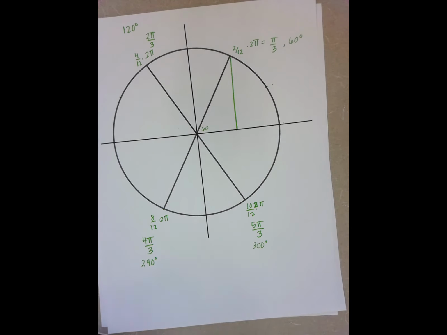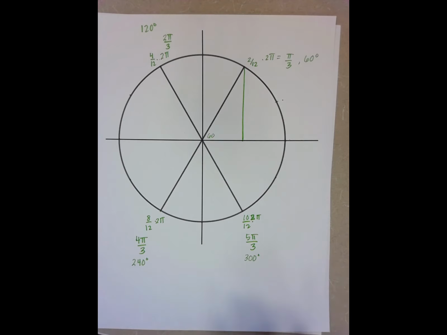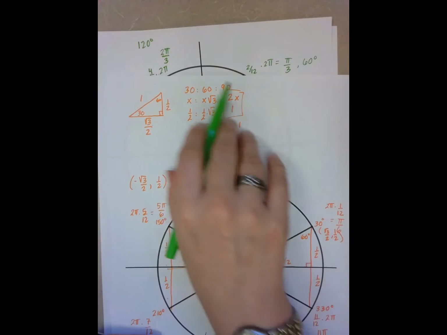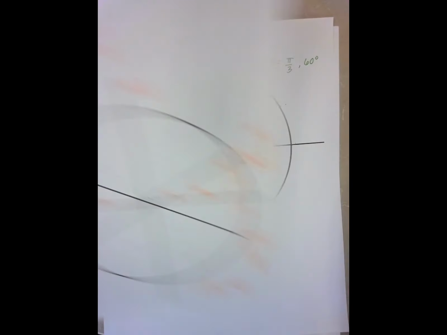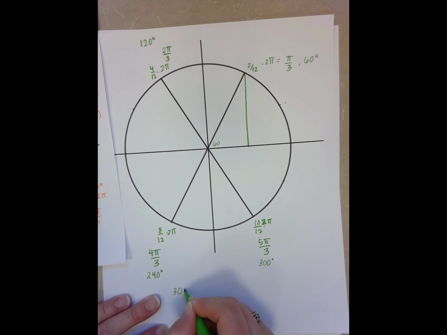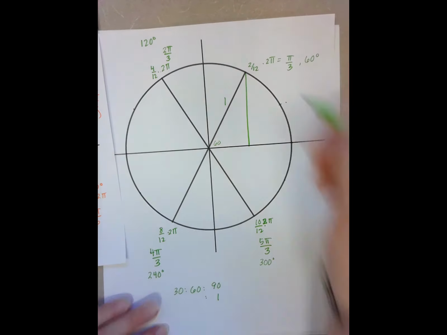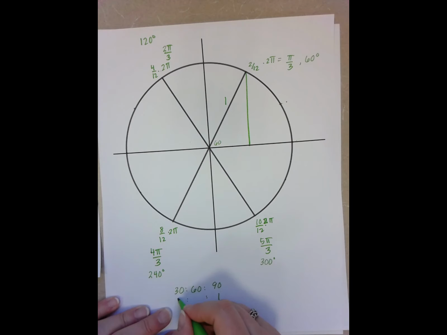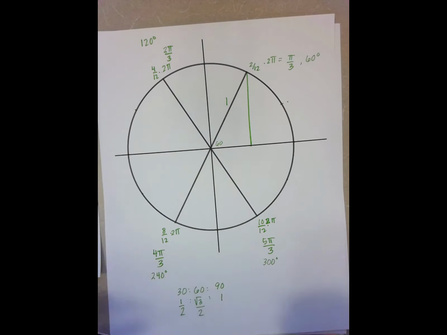Now we've actually already done the work for the 30, 60, 90 triangle on our previous page. We know that our ratios are 30, 60, 90, where the 90 is 1, which makes the 30 1/2, and the 60 root 3 over 2.